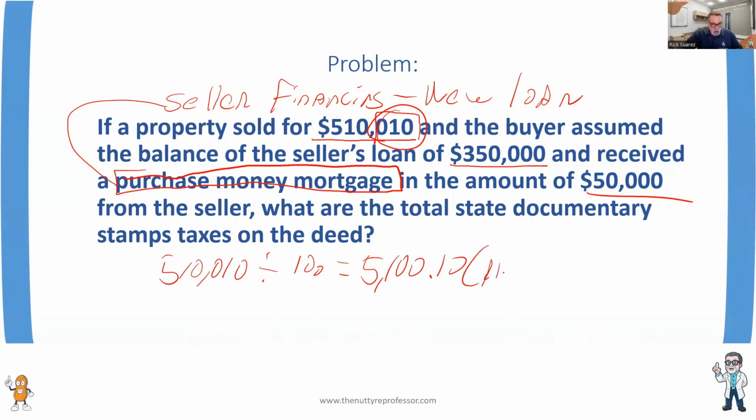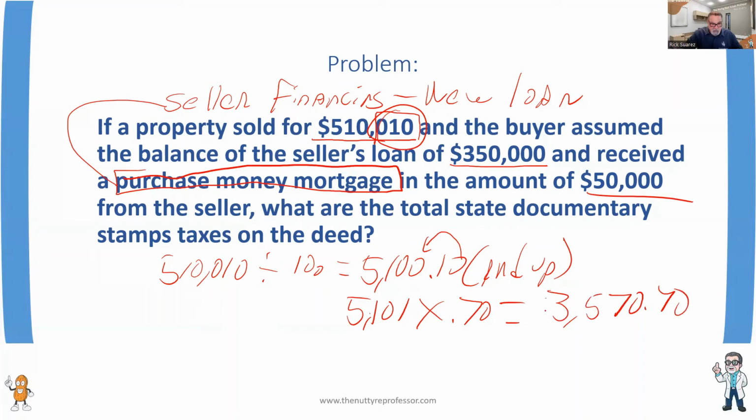We must round up. So we round up to 5101, and that's it. So you move this guy over here, 5101 times 0.70. So 5101 times 0.70 is going to be 3,570 with 70 cents.